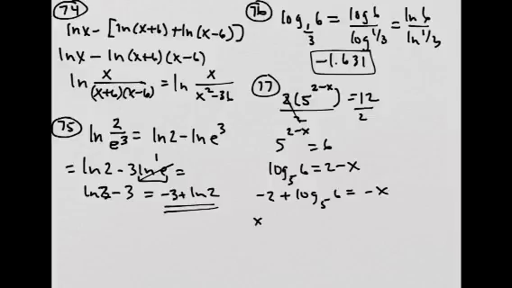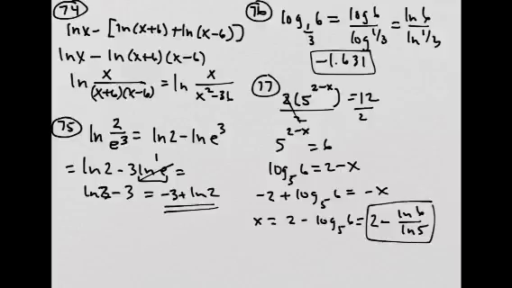So x equals 2 minus log base 5 of 6. So to put this into the calculator, you have to use the change of base. So natural log of 6 over natural log of 5 like that, or you could choose log over log, that's okay. So you put this into the calculator and you get x is approximately equal to 0.887.